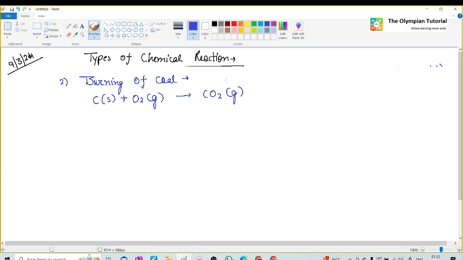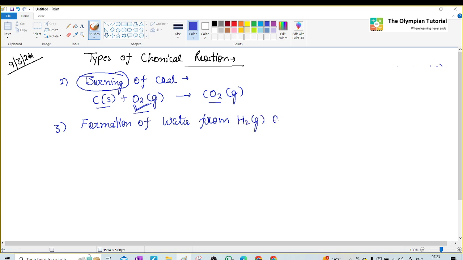We know during burning, reaction takes place with oxygen. So by two reactants we are getting one product, so this is also a combination reaction. Now formation of water from H2 gas and oxygen gas.